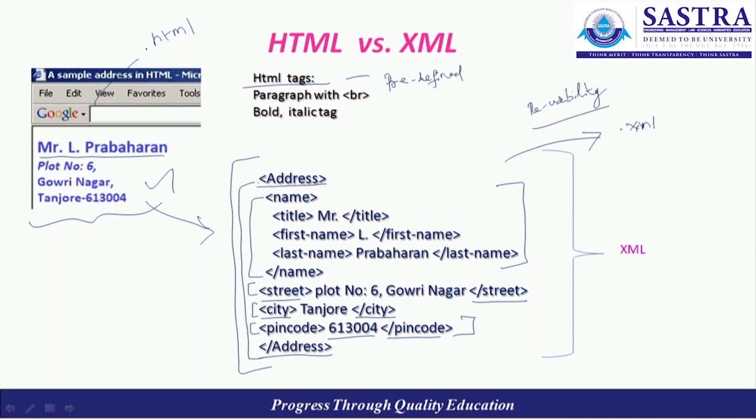I can say the XML can be viewed on any browsers. For that we need HTML and we need CSS, cascading style sheet, and by using style transformation language, it is exclusively for XML, that is extensible style sheet language transformation.